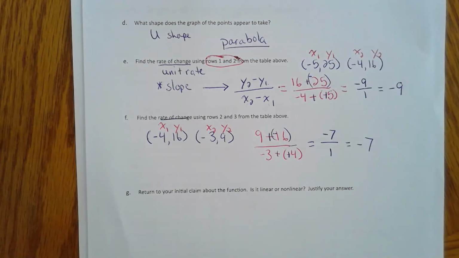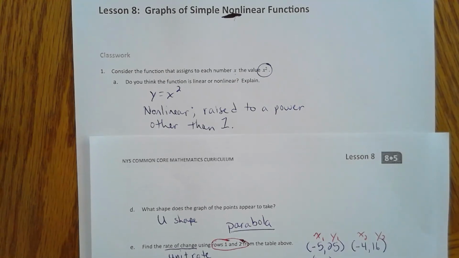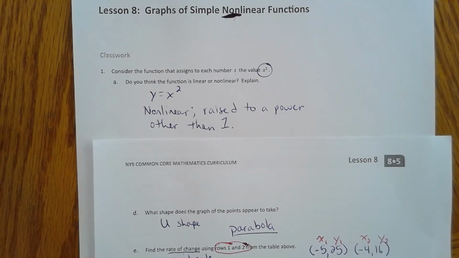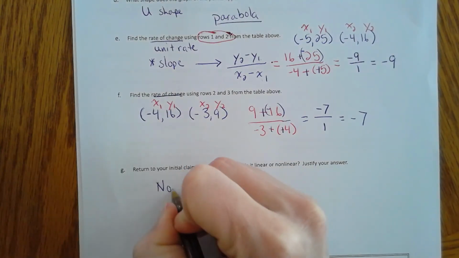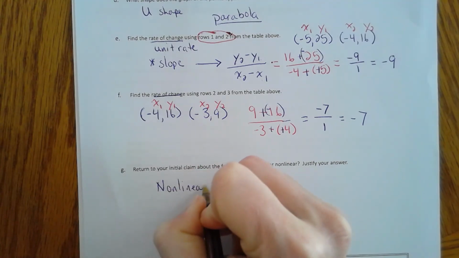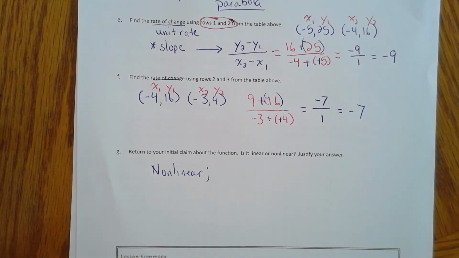So if we return to our initial claim, and our initial claim was, no, this is not a linear function. Were we correct? Is it linear or non-linear? We're going to see this a little bit differently, or kind of bring back some past knowledge. When we talked about things being proportional, which led into our talks of being linear, if you think back to talking about straight lines, proportional functions always have the same constant or the same slope.